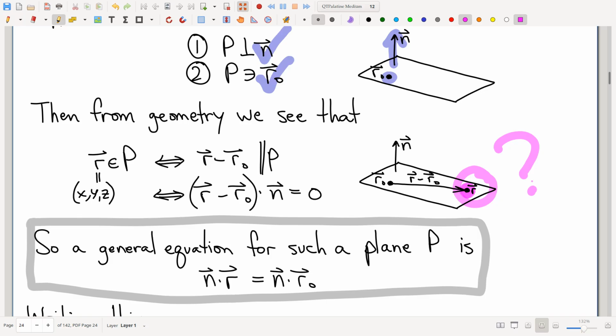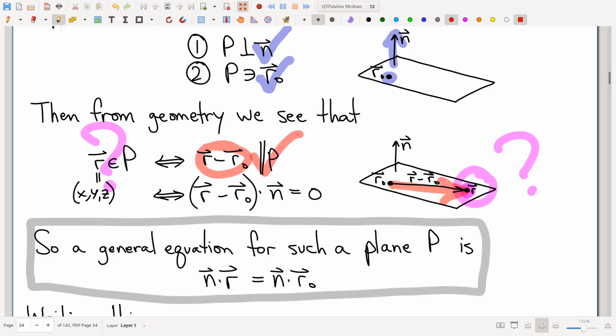So the big idea of the test is to look at this difference vector. The first observation we make is that difference vector, r minus r naught, is the difference of 2 points in the plane, if we assume r is in the plane, which means that difference is parallel to the plane.